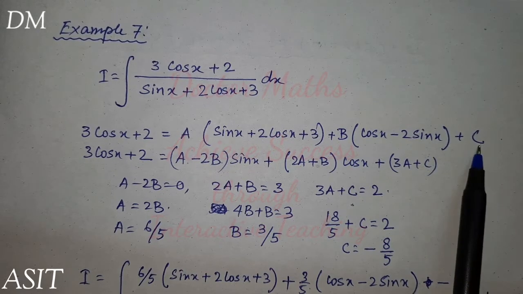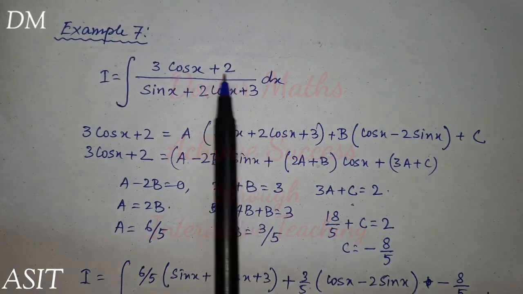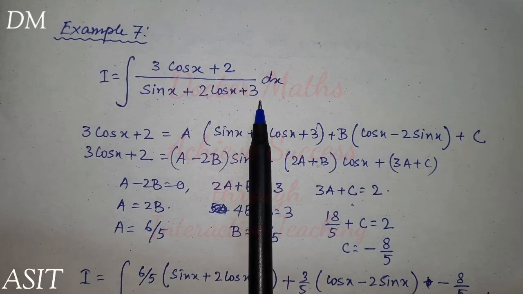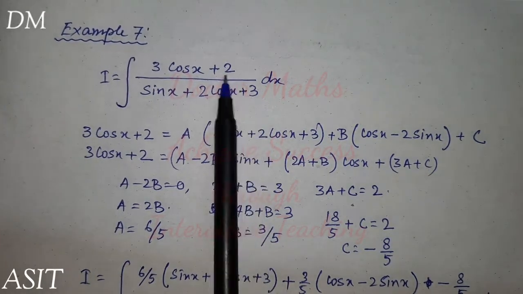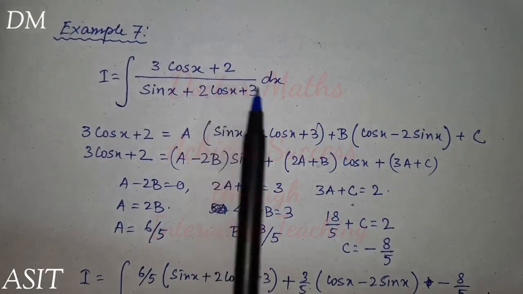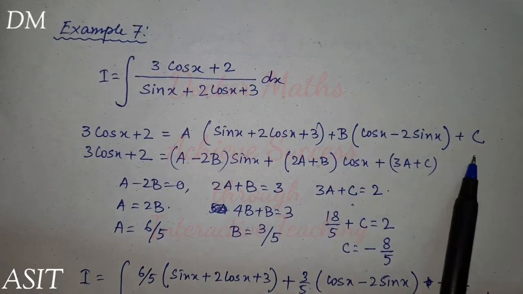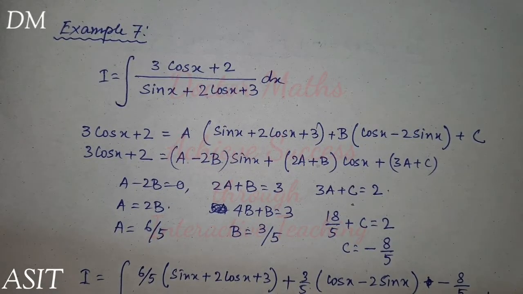I have to write c here because I can see that there is a constant term in both numerator and denominator. If you see a constant in any one of them, you have to write c, but if there is no constant term in both numerator and denominator, no need to write c, because in that case c will be 0.